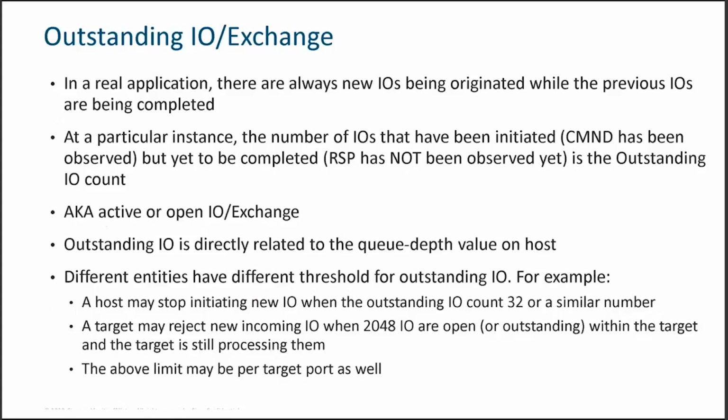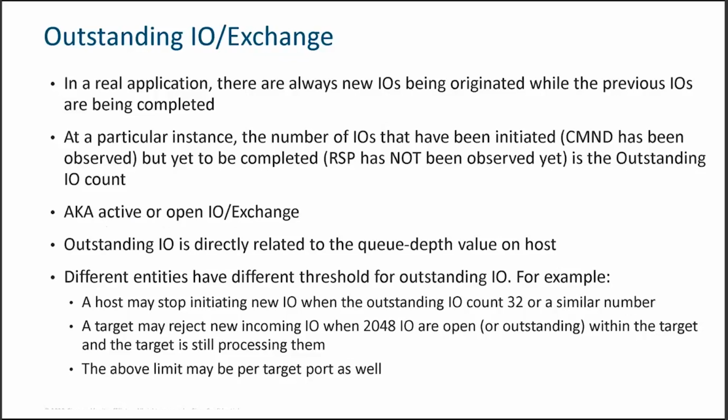And outstanding IO, there are a lot of use cases. You can talk more about use cases, but some of the use cases that I'm aware of, obviously, is the queue depth value on the end devices. That's one use case, where you'd like to get an estimation of what my queue depth is. There are default values, but sometimes the default values are not good enough. The other use case is that oftentimes these target ports have a maximum capacity of open exchanges.